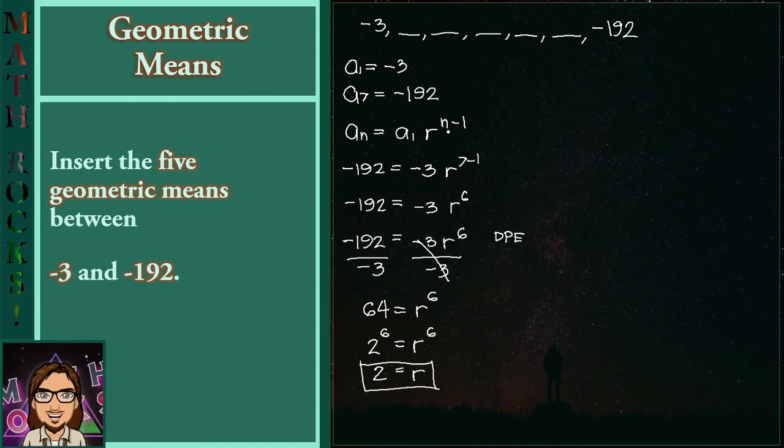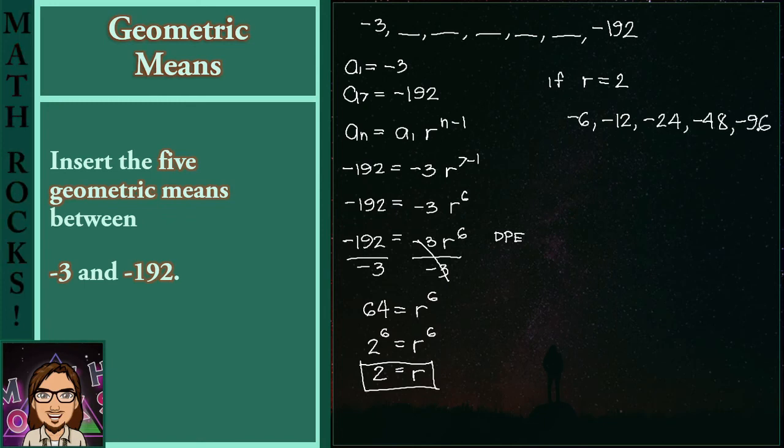So we merely have to repeat the same procedure that we did before. Multiplying the common ratio of 2 to our preceding number to give us the next number, we have negative 6. Multiplying this again with positive 2, we have negative 12, followed by negative 24, negative 48, and negative 96.